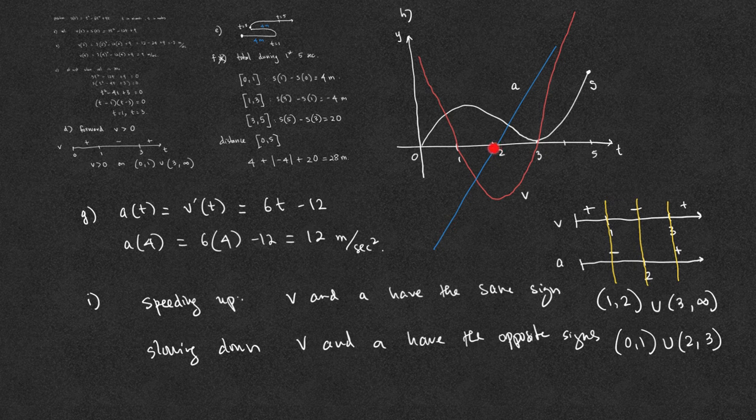From 1 to 2, both velocity and acceleration are below the x-axis. From 2 to 3, the acceleration is above the x-axis and the velocity is below the x-axis. And from 3 to infinity, both graphs are above the x-axis. And so that is the same as the sign charts that we constructed.